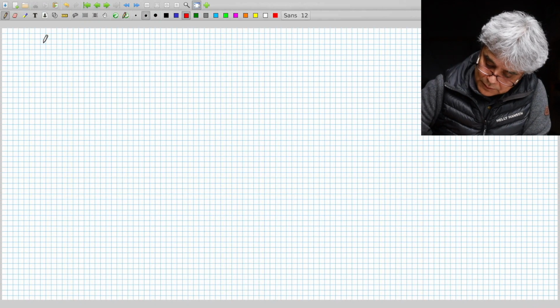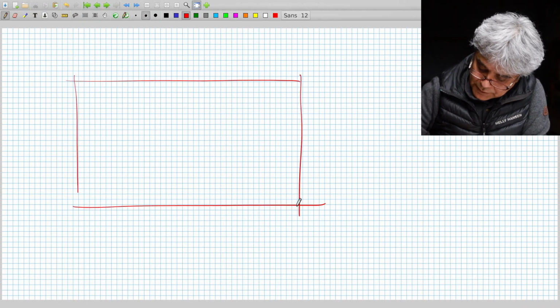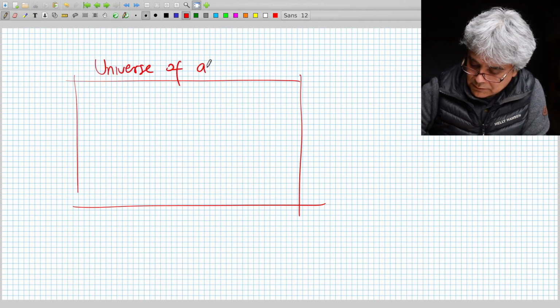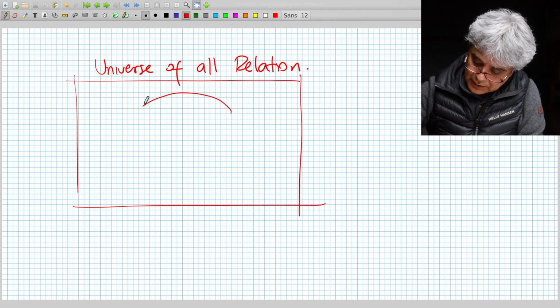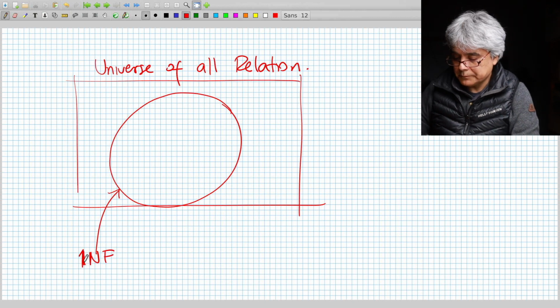And so let's think about this as the universe of all relations. You might remember from our first lecture that I said that the relational model is concerned with a special type of relation called 1NF, first normal form.